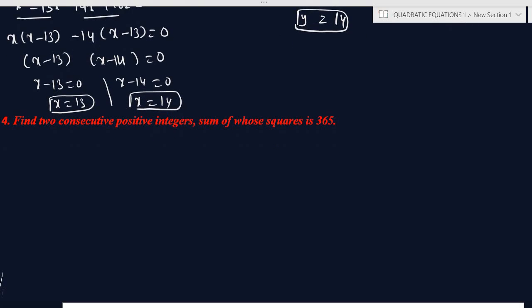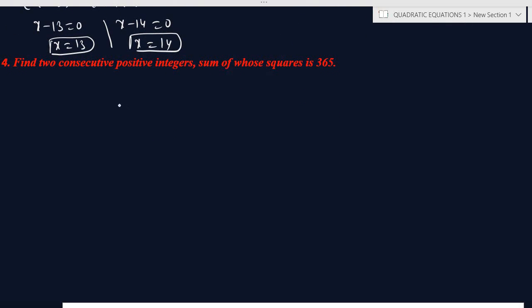Find the two consecutive positive integers, the sum of whose squares is 365. We know that consecutive numbers are like 3, 4, 5, 6, 28, 29. If we add 1 to the previous number, it becomes a consecutive number. He is asking for positive integers.